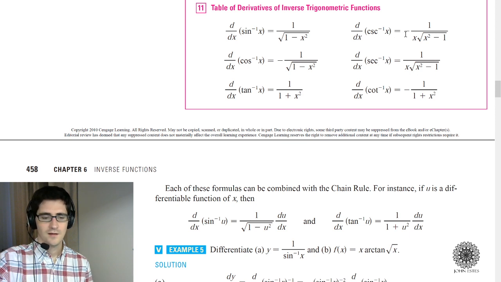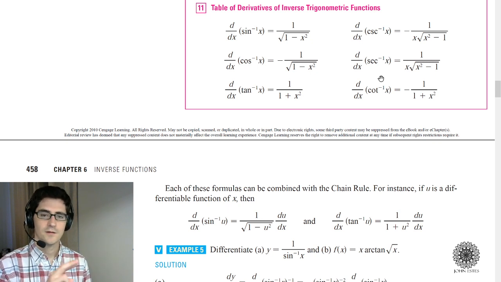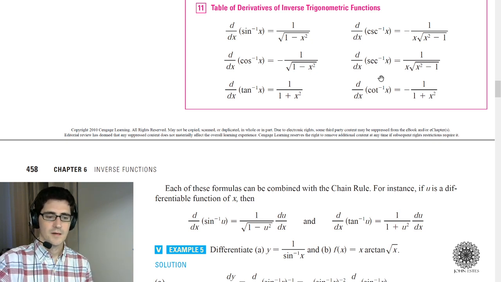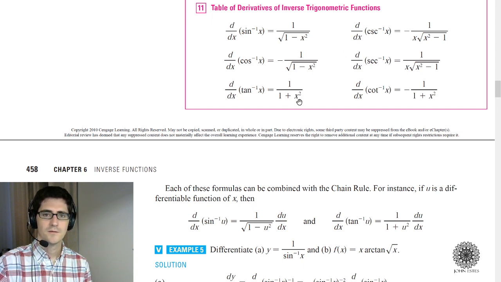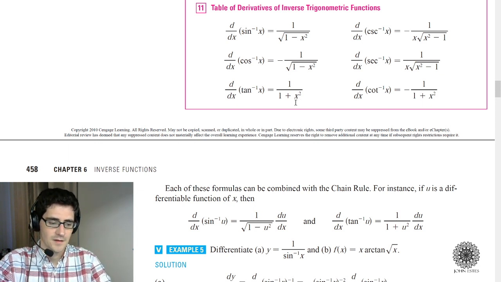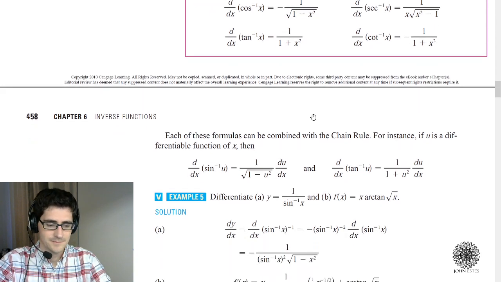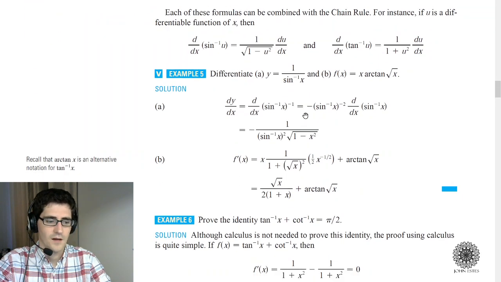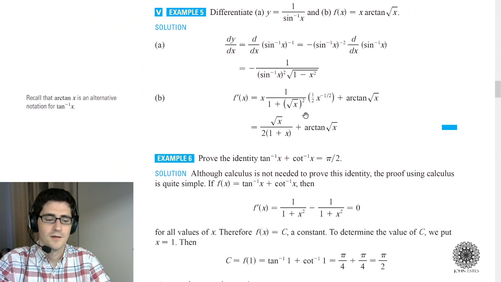Arc cosecant is negative that. Okay, so the pairing is with these cofunctions. Remember, if you remember sine inverse, secant inverse, and tangent inverse, you know all six of them. Okay, that's the rule. All right, so let's practice this a little bit, and then we'll get into some integration.